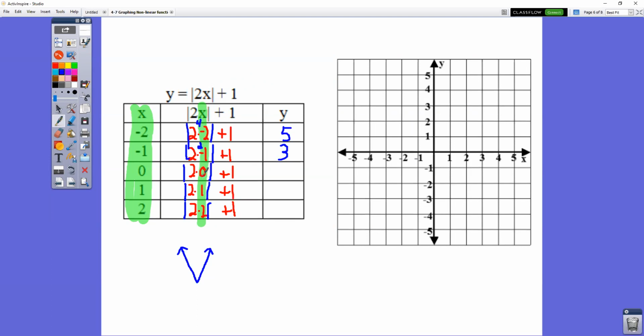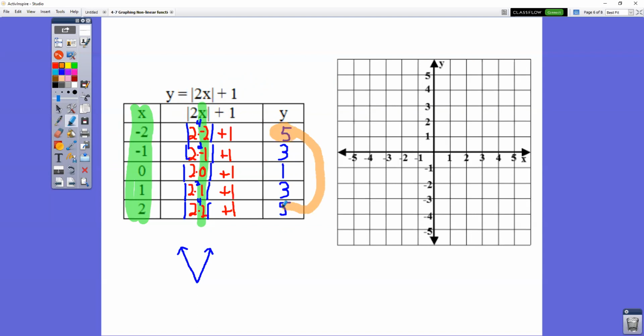The absolute value of 0 is 0. Plus 1 is 1. 2 times 1 is 2. The absolute value of 2 is 2. 2 plus 1 is 3. 2 times 2 is 4. The absolute value of 4 is 4. Plus 1 is 5.